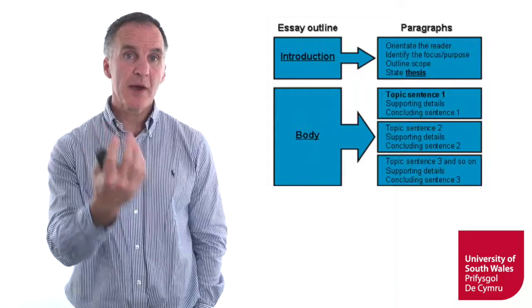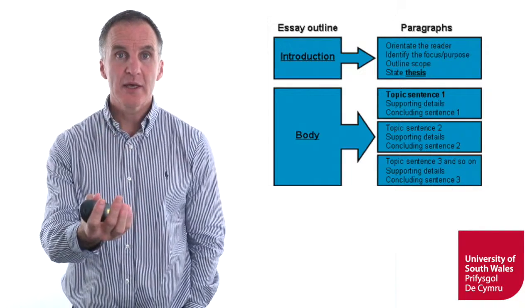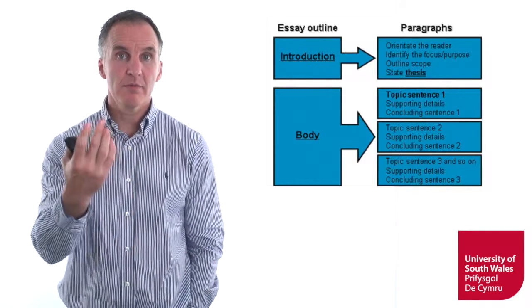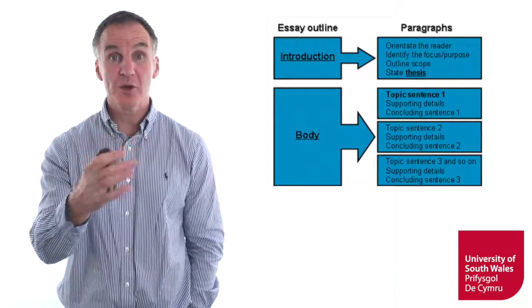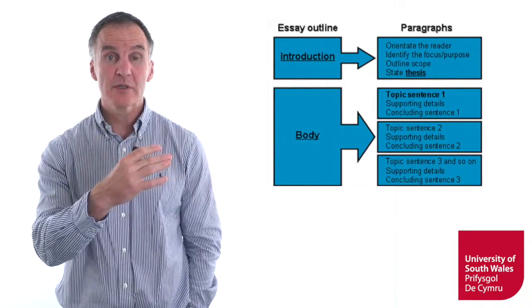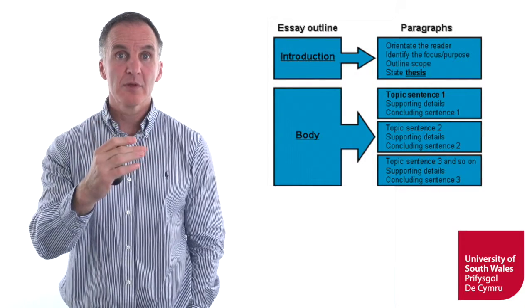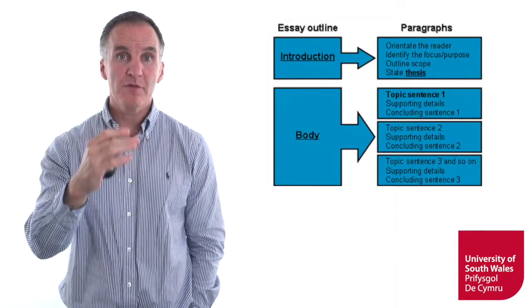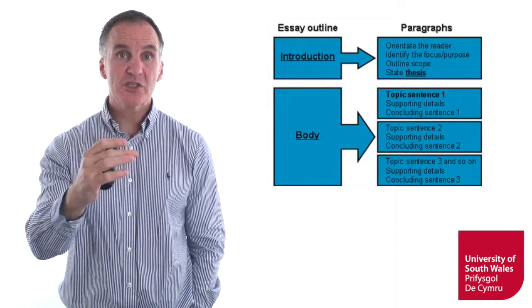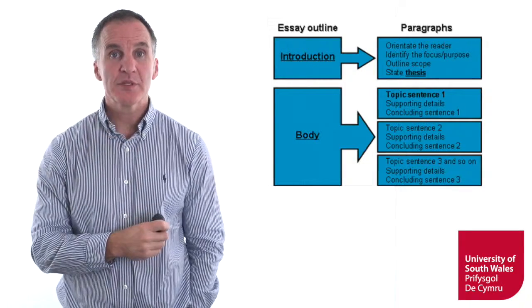And then the main body of your essay is going to be broken down into what it says on the slides, topics, or what I said on a previous slide, themes. So every paragraph will have a theme, and within that paragraph, you will discuss and analyse that particular theme.